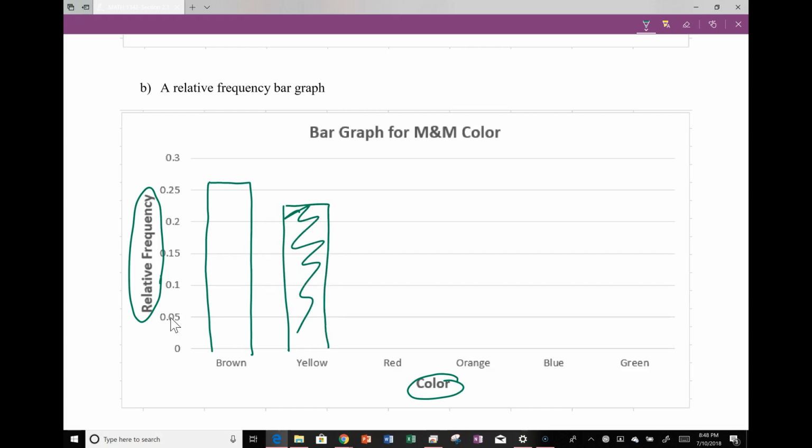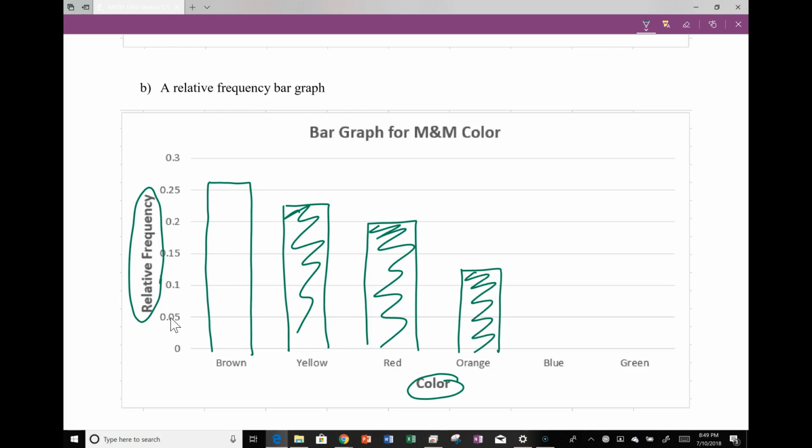And what you will notice whenever you compare a frequency bar graph to a relative frequency bar graph, the heights of the bars are usually the same. A lot of it's going to depend on how you did your scale. If your scale was not counted by the same heights, then it might be a little bit off.